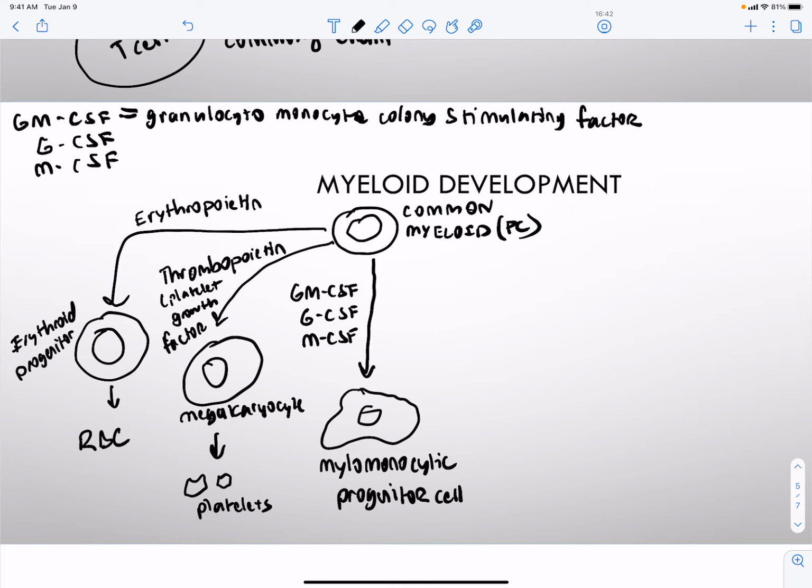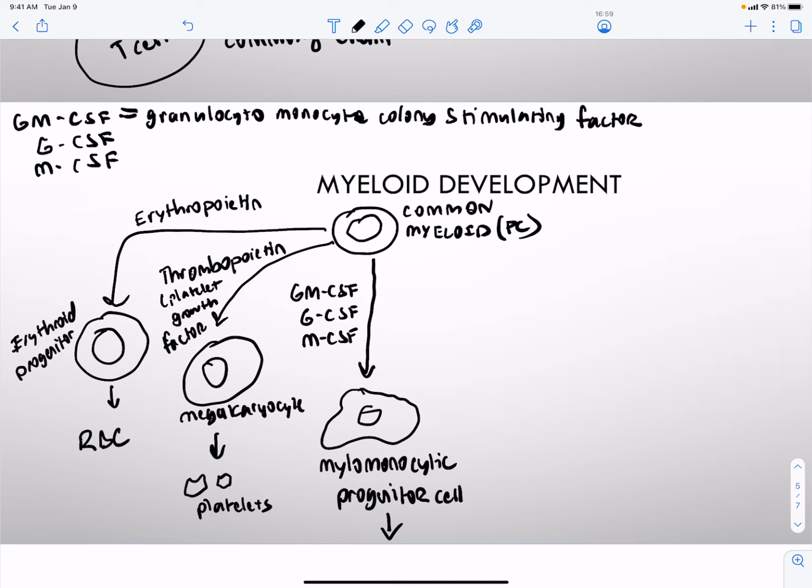Now, when you have GM-CSF, G-CSF, and M-CSF, they're going to drive that myeloid progenitor to become a myelomonocytic progenitor. And then this will differentiate into additional cell types, which we'll talk about.